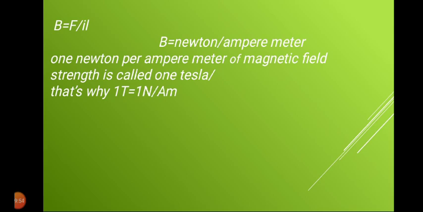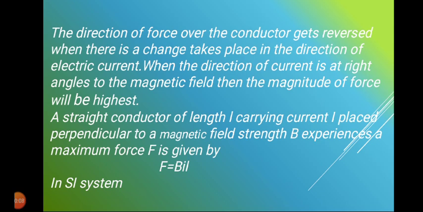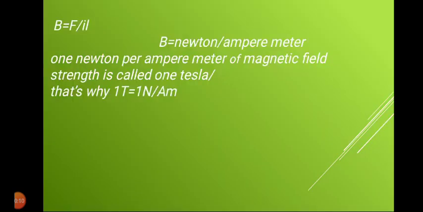Okay, so now what is the unit of magnetic field strength, or we can say, unit of B? From this formula, F is equal to BIL, we can find the value of B. B will be equal to F upon IL.